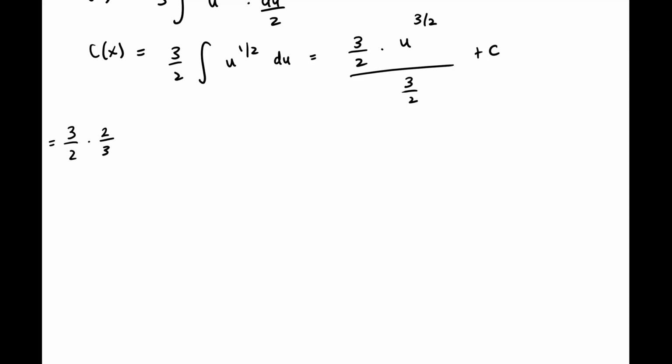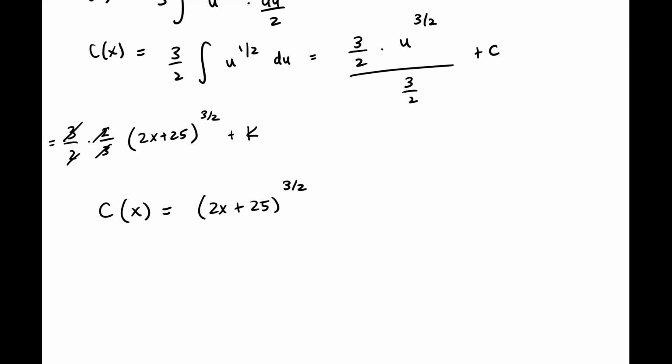And then u we determined was, let's see, what was u? 2x plus 25, and that's going to be to the 3/2 power plus c. These will cancel each other out. So, I'm going to write this as k again. So c of x is equal to 2x plus 25 to the 3/2 power plus k.